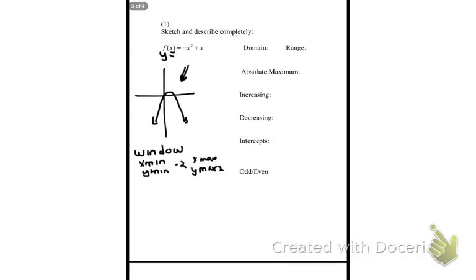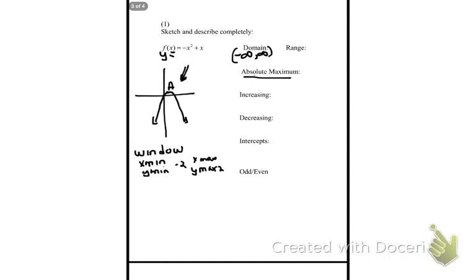We can tell by this function that we have a domain of all real numbers. We cannot yet tell where that y is. So we look over and we notice we have an absolute maximum, and we're going to label this point A. Right there.